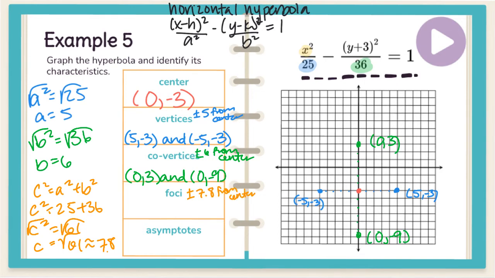So 7.8 to the right and 7.8 to the left. So (-7.8, -3) and (7.8, -3).